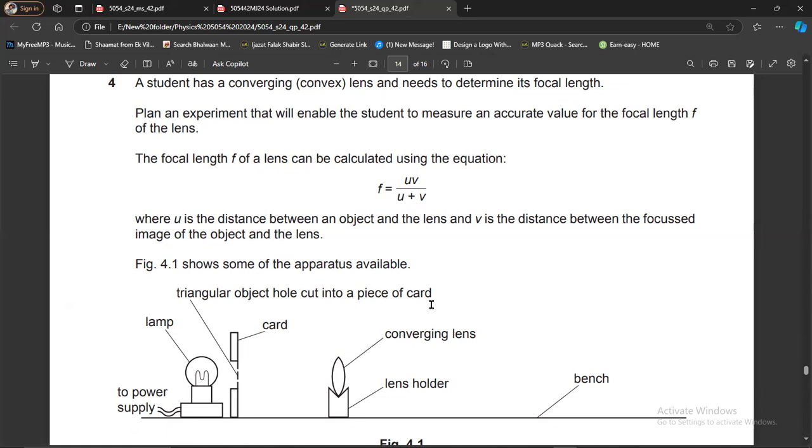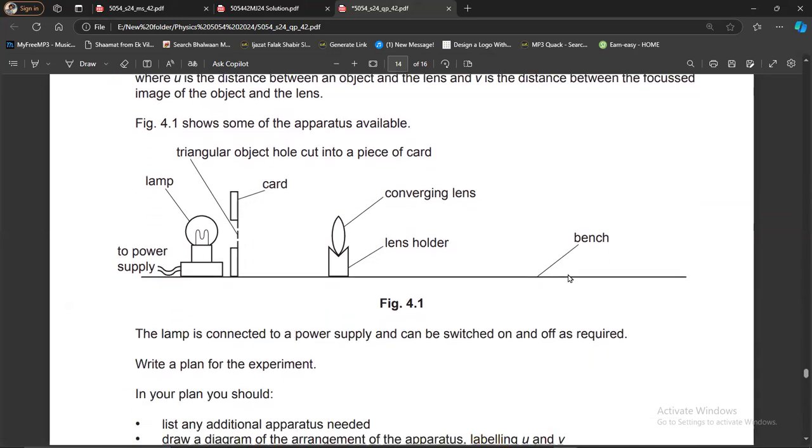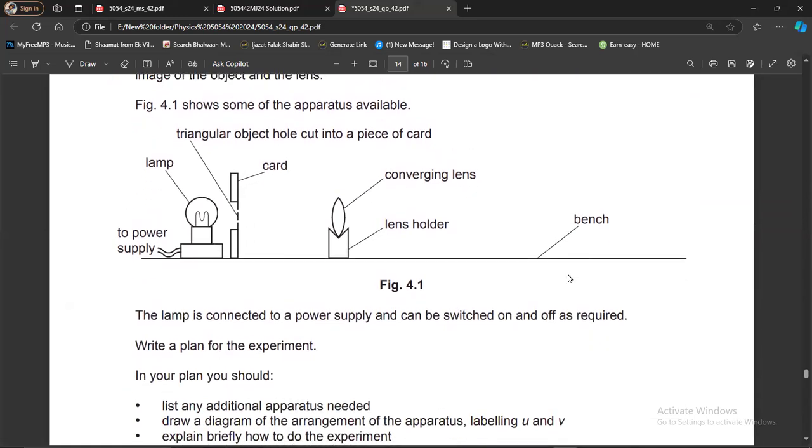Figure 4.1 shows some of the apparatus available. A triangular object hole cut into a piece of cardboard. A lamp is connected to a power supply and can be switched on and off as required. Write a plan for the experiment. So here you have a lamp, here you have a cardboard, here you have a hole in it, here you have a converging lens, and this is a table.